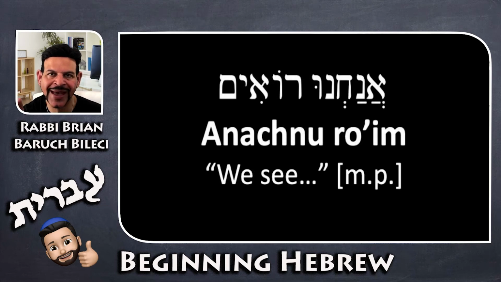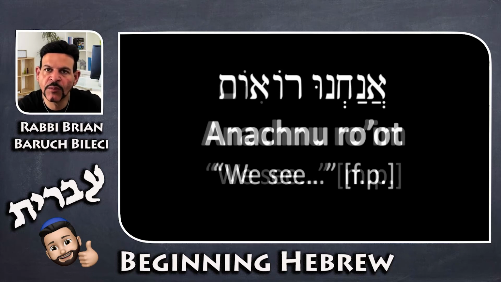Im is the masculine plural suffix for a noun, and in this case, a verb conjugation. So we have anachnu, which is plural. And if you have at least one man being referenced, even in a group of women, you still have to recognize that man and make the whole group masculine in its form for conjugation. So we would say anachnu, but we would use the masculine plural suffix im for ro'im. Anachnu ro'im. We see.